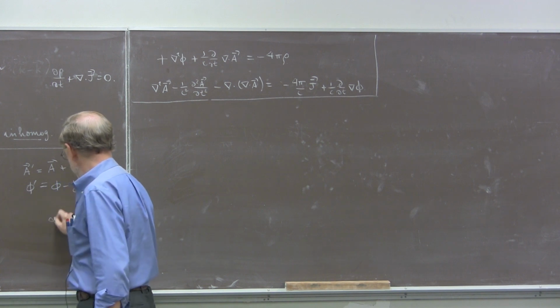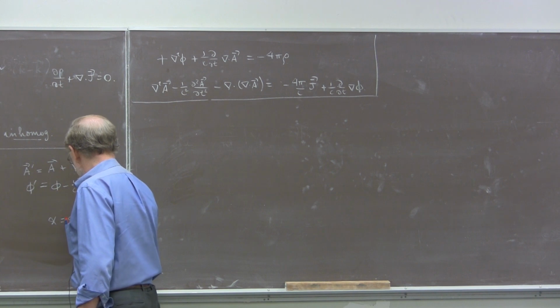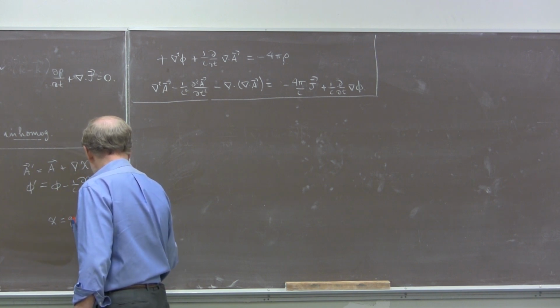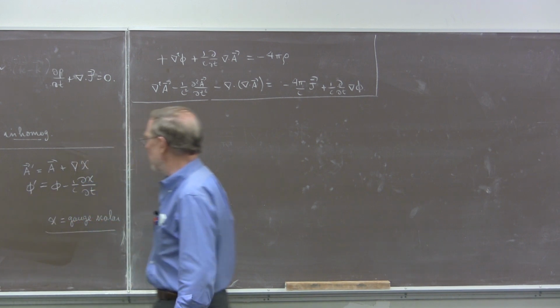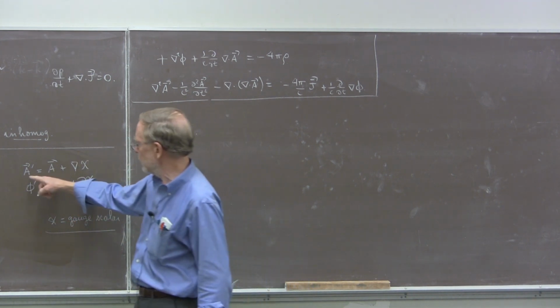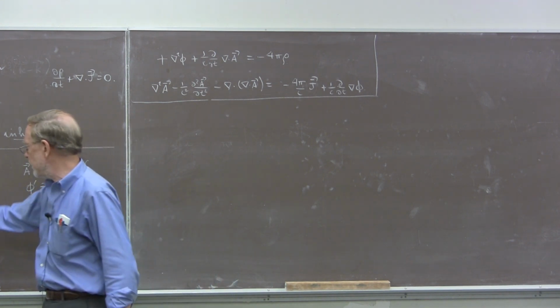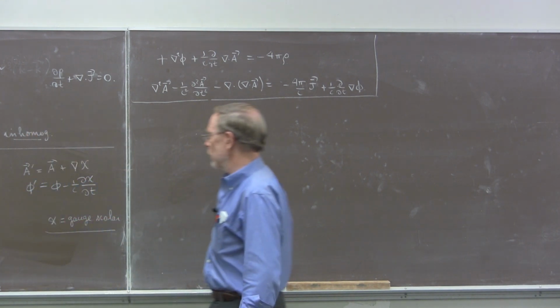Chi here I'll call the gauge scalar. It's the scalar that specifies the gauge transformation. Then, as you know, the new potentials A prime and phi prime give you the same E and B as do the old ones.